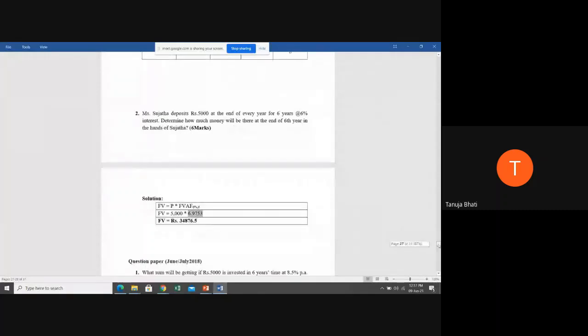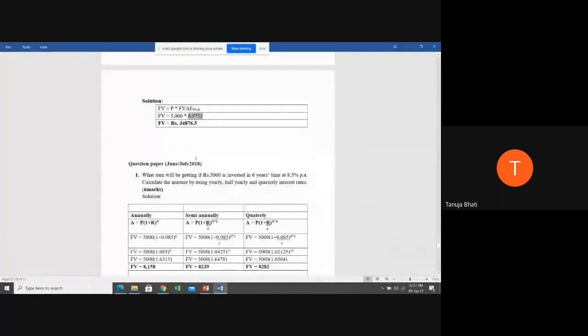Okay, moving ahead, question paper relating to June, July 2018. What sum will be obtained if rupees 5,000 is invested for 6 years at 8.5% per annum? Calculate the amount by using yearly, half yearly and quarterly interest rates. Now what am I supposed to find out in this particular problem, students?